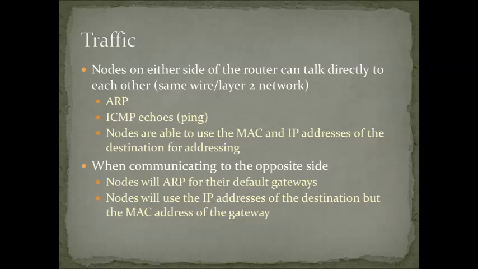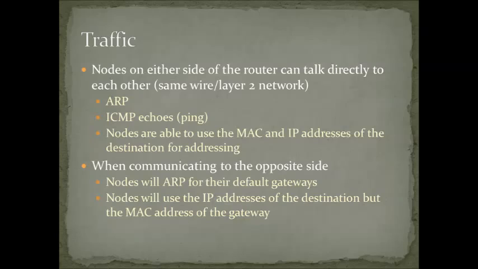Now this changes quite a bit when you're going across a router. So for example, nodes on the 1 network trying to communicate with nodes on the 2 network would have to first ARP for their default gateway, and then they would use the IP address of the destination but the MAC address of the gateway.